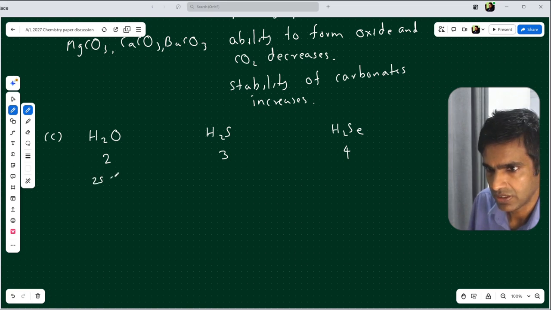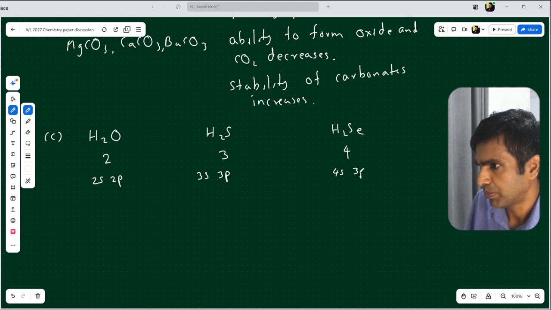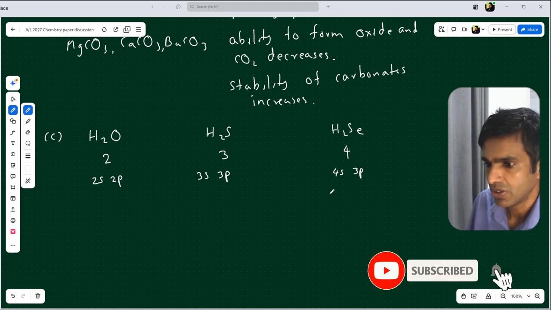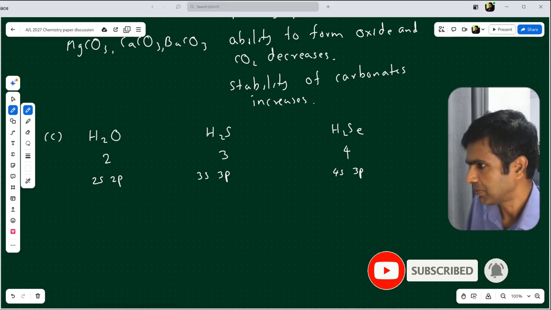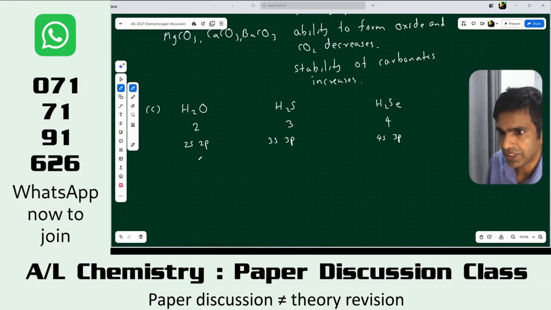So 2s, 2p are hybridized to form sp3 hybrid orbitals. 3s, 3p are hybridized to form sp3 hybrid orbitals. 4s, 4p orbitals are hybridized to form sp3 hybrid orbitals. So size of sp3 hybrid orbital increases in the order of oxygen, sulfur and selenium.